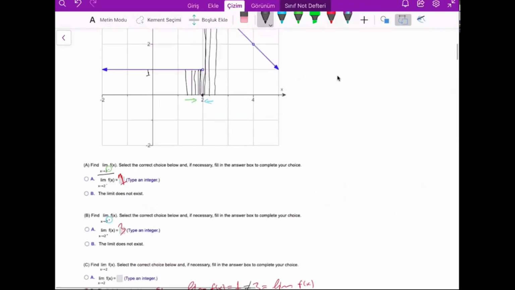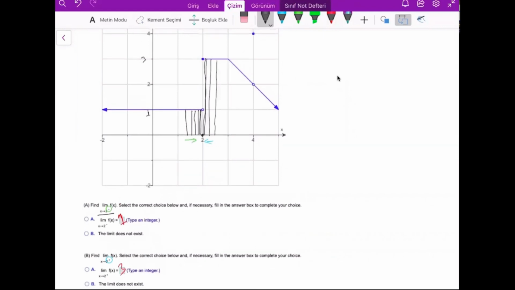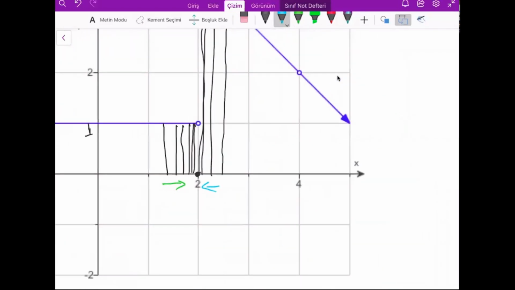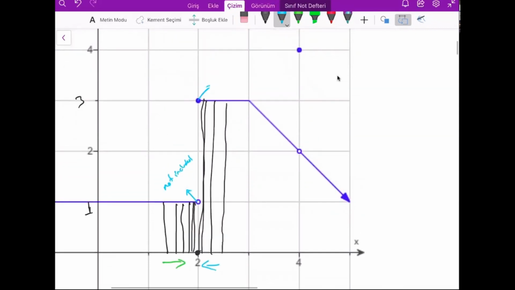What is f of 2? The f of 2 value can be calculated by observing the graph. Okay, so here this is blank. Blank means it is not included. In the graph, it is not included. So here it is included.